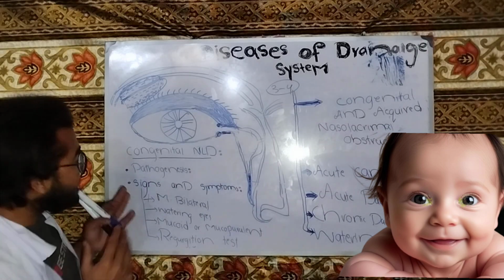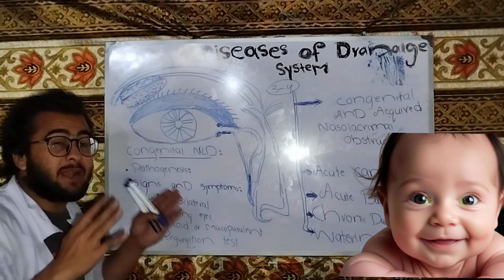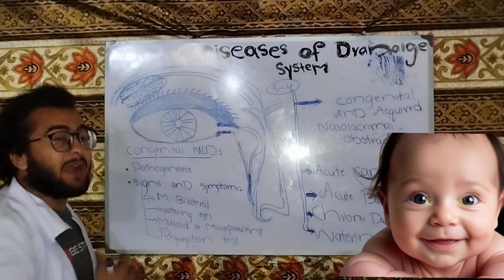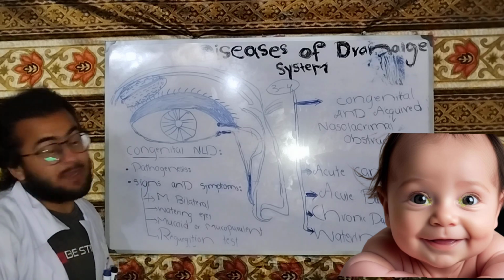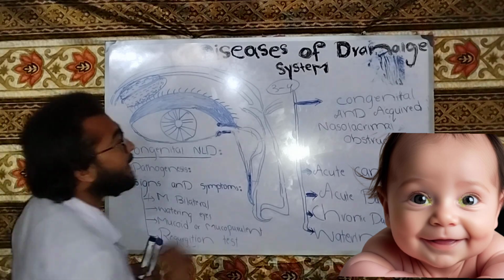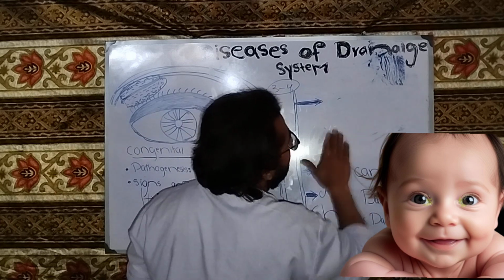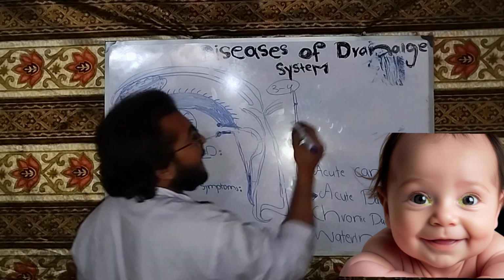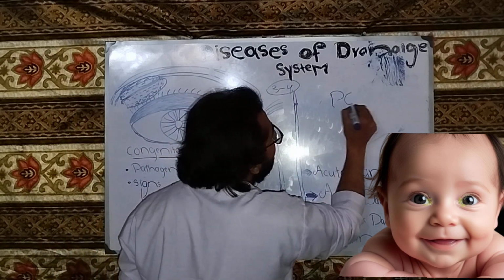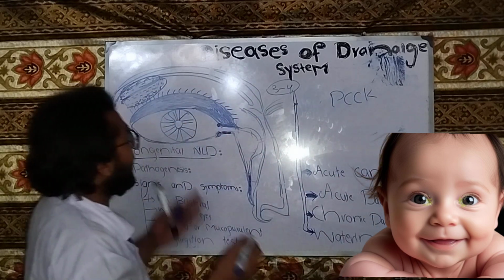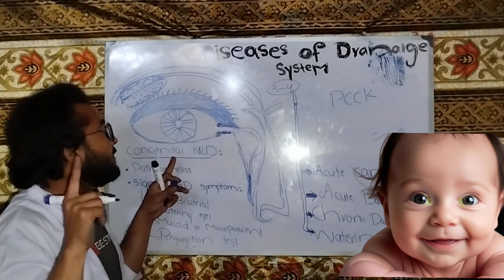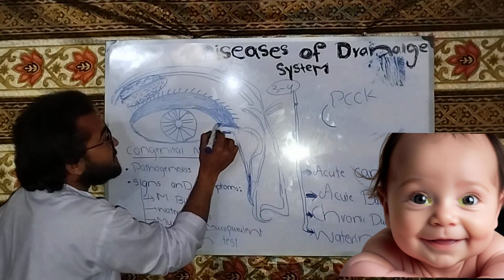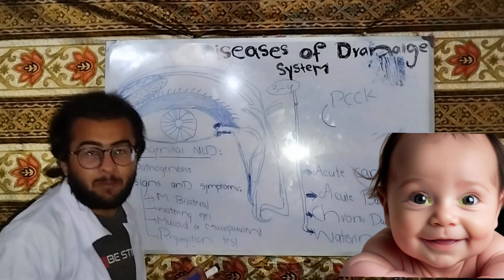Now, we should make a differential diagnosis, because when a child presents with watering eyes, there are other differential diagnoses. For this I have made a mnemonic called PICK. If a child presents with watering eyes, then you should consider punctal atresia, in which the puncta, these small openings, don't develop properly.